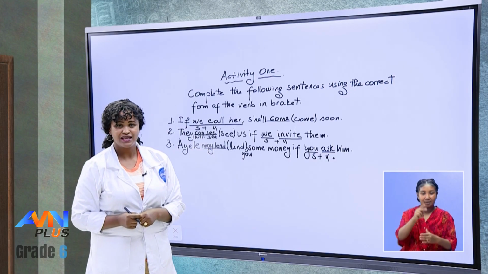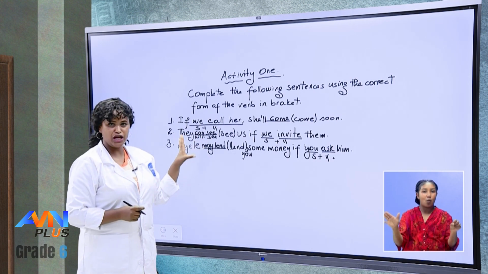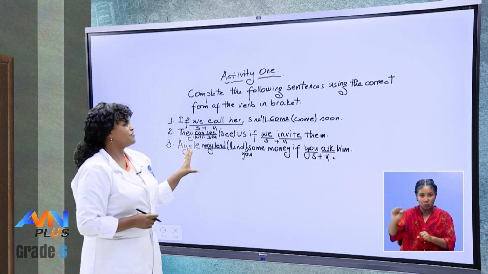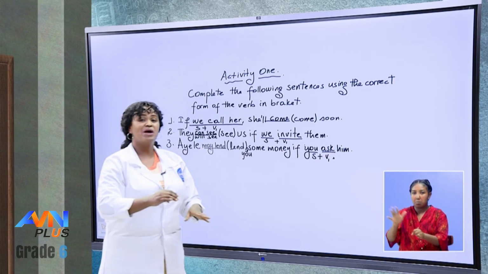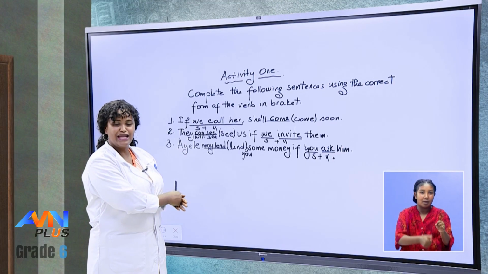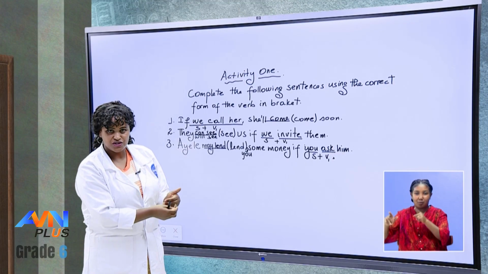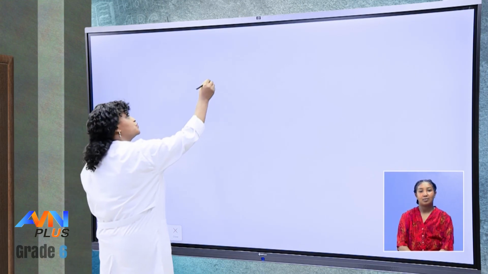Okay? Good. So now we have completed the main clause when we check from the if clause, right? And my second task is I will give you a complete main clause and then you will do the if clause. Okay? Let's do it. Activity 2.